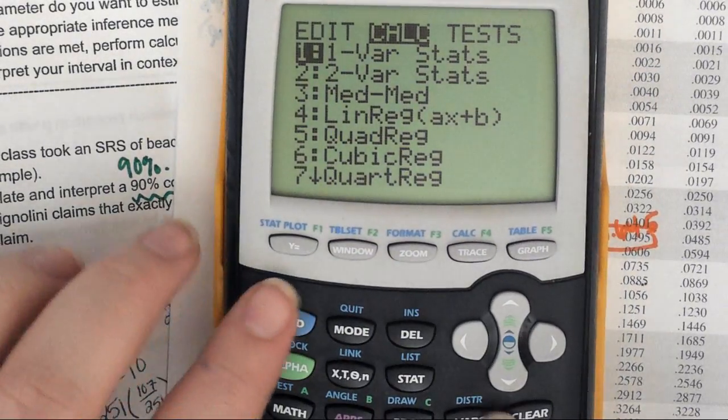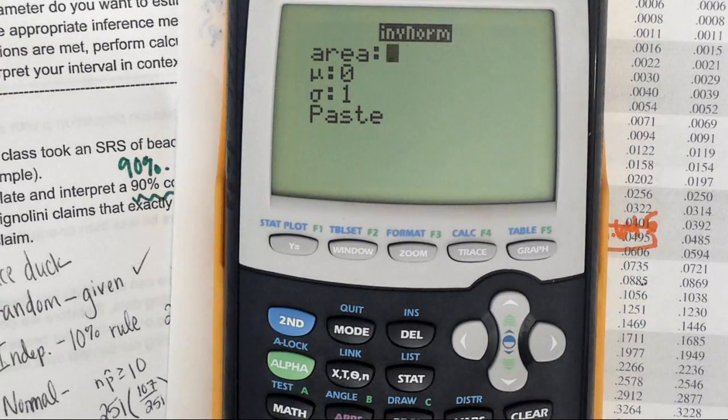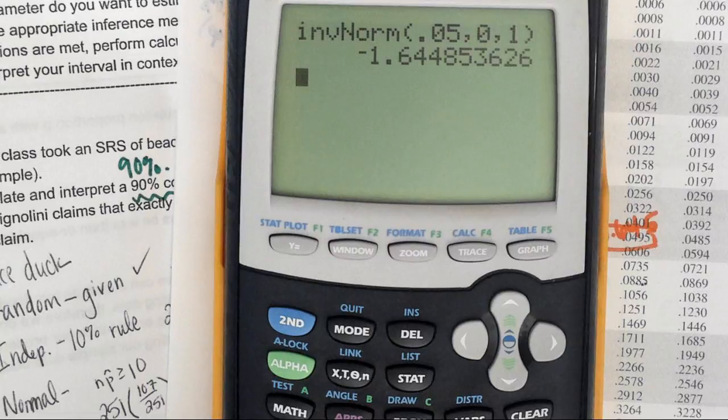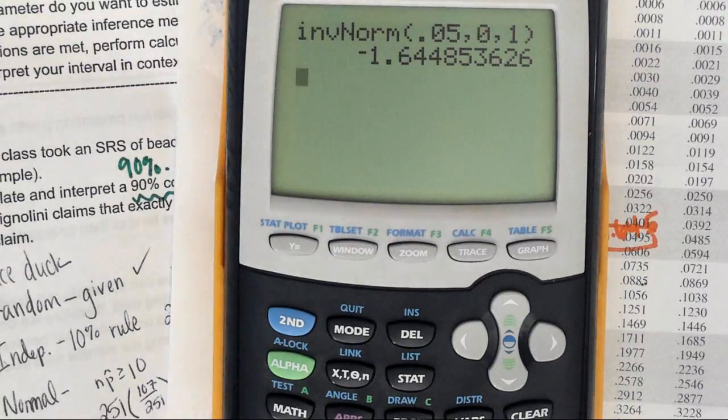It's okay if you second bars, inverse normal, the area is 0.05, and we'll still get negative 1.64 or 645. Because technically that 8 rounds up that 4 to a 5, so negative 1.645.